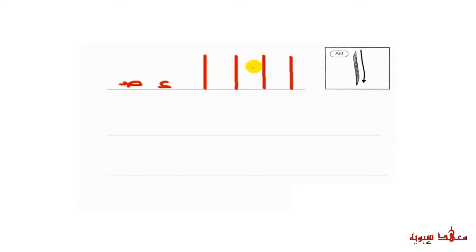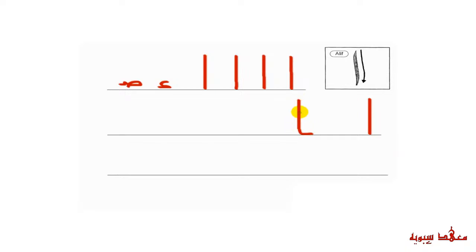Now, with the Alif, how is it written in the beginning of a word, in the middle and the end? So in the beginning of a word, it's actually written as we wrote it there. So it's just, that's how it's written. In the middle of a word, so for example, let's say there's a word before it, and it's coming across. To write the Alif, all we do is just raise it up like this.